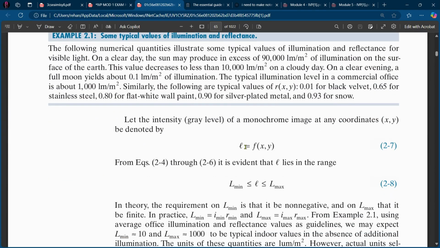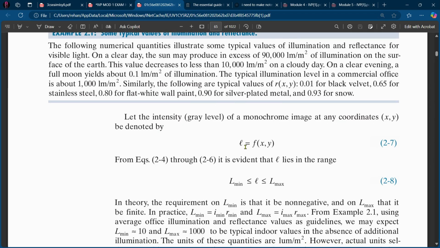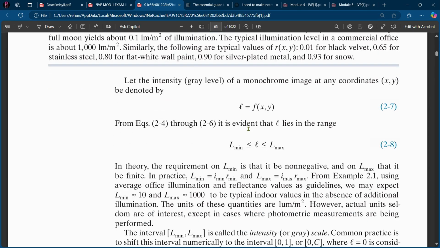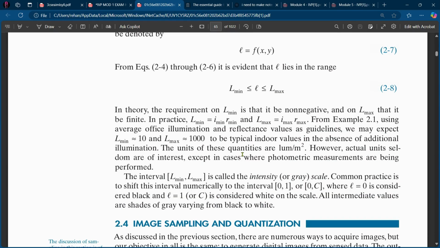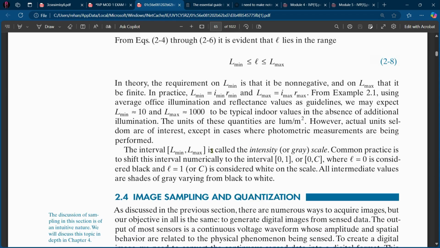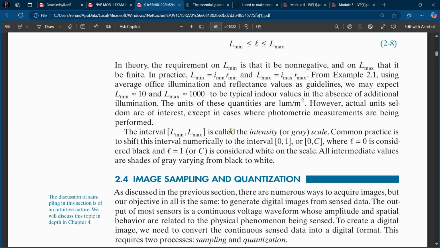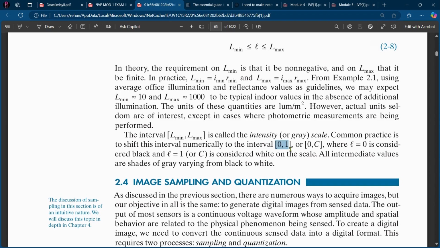Let the intensity, the gray level of the monochrome image at x,y, be l equals f of x,y. This can be represented as l ranging from l min to l max, where l min equals i min times r min, and l max equals i max times r max. Usually it ranges from, for example, 0 to 1 or 0 to C. We can simply use this for understanding.